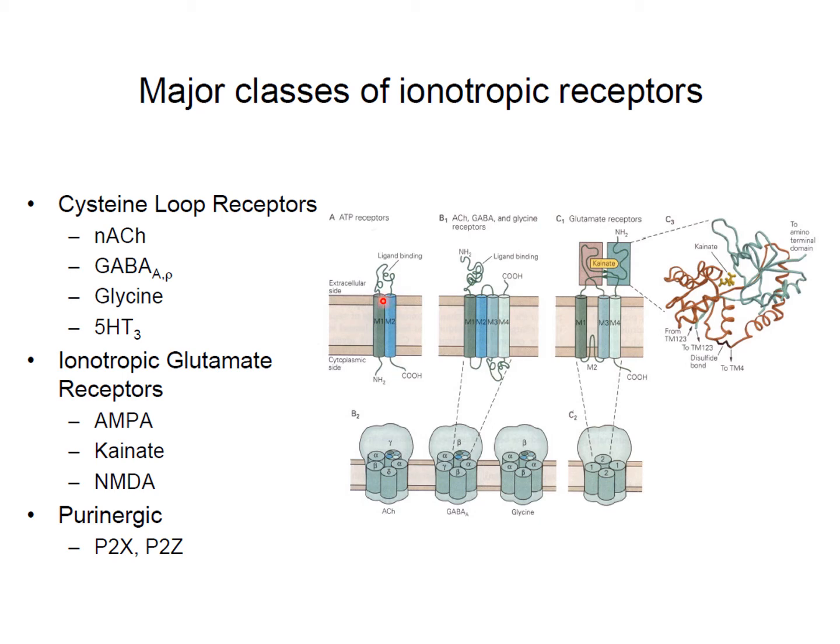And here is an example of one of each of those receptors. The first one is the purinergic, a representation of what we saw in the previous slide. This is how acetylcholine, GABA, or glycine receptors look for each subunit, and this is how the glutamate receptors look for each subunit.